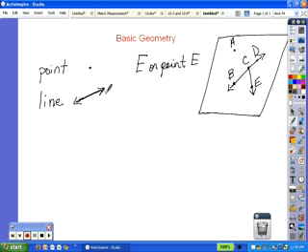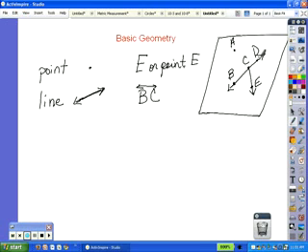When we name a line, we take this diagram and I pick a line. This line here has an arrow on each end. I would name it by any 2 points on the line. It doesn't have to be the first and the last point. It can be any 2 points on the line in any order. And then I would put the line symbol above it, noticing there's an arrow on each end showing me that it is a line that goes on forever in both directions.